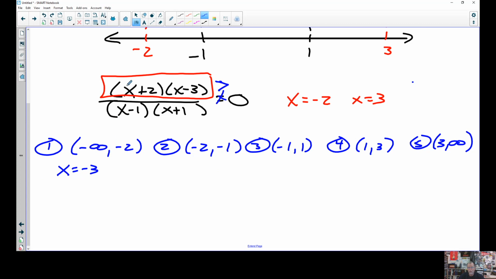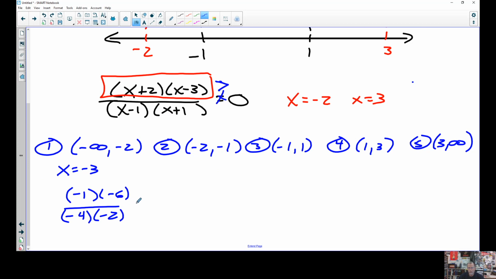What I can do is just look at each number. If I put -3 in x plus 2, that's -3 plus 2, that's -1. I put -3 in here, it would be -6. I put -3 in here, it would be -4. And -3 in here would be -2.